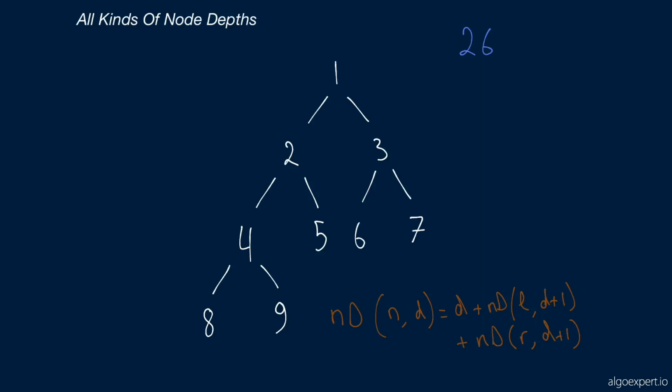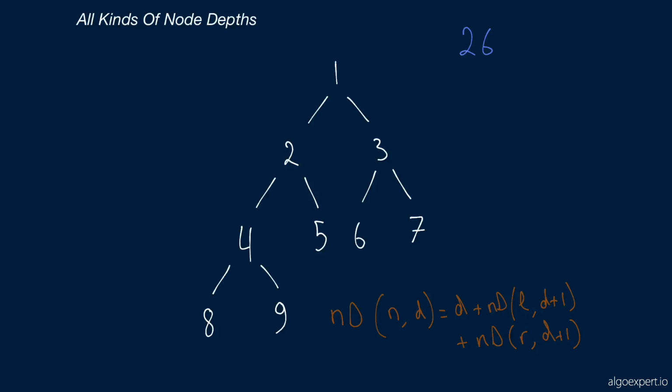Now, the reason that I'm just reminding ourselves of this recursive formula here is because there's a pretty obvious solution to this question, all kinds of node depths, which is if we know how to calculate the node depths for a particular subtree, like the tree rooted at 1, by just applying this formula, then all that we have to do to get the answer that we're looking for in this question, the 26, is call this node depths method on every tree in this binary tree.